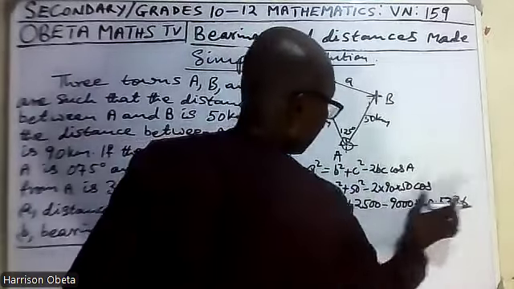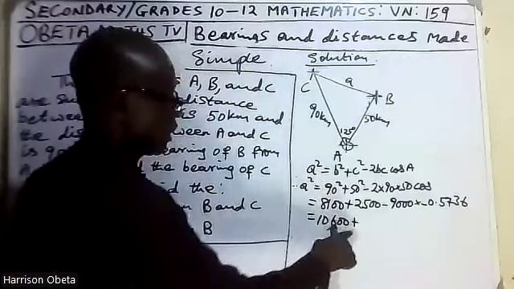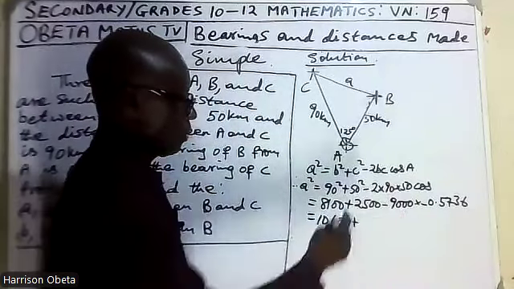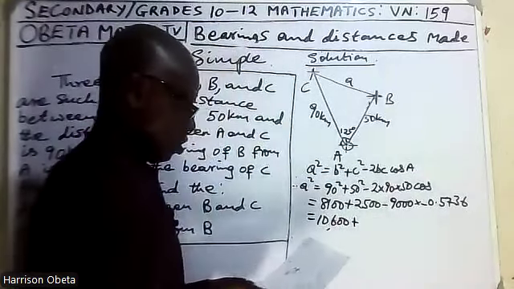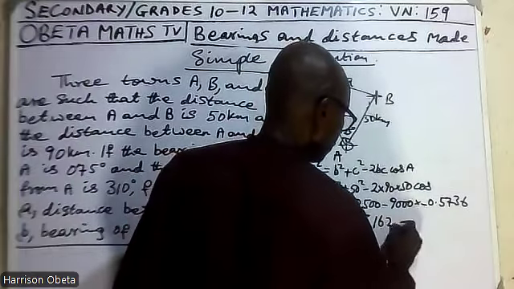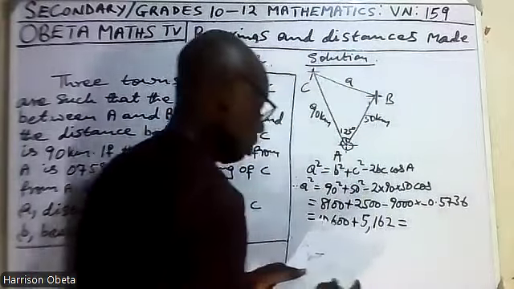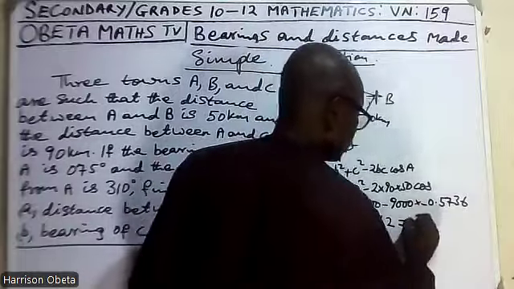Now, after multiplying this and this, remember, minus times minus will give us a plus. That is why we have this. So by the time you multiply this, we are going to have 5162. Now, when you add, we'll end up with 15762.